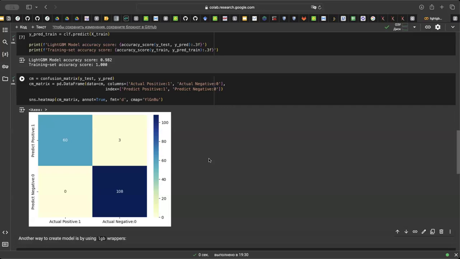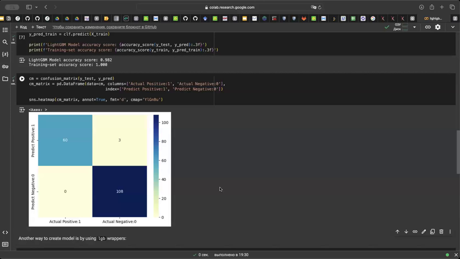This is precision. Yes, and in numbers for this heat map. 60 plus... Okay. 60 by 63.